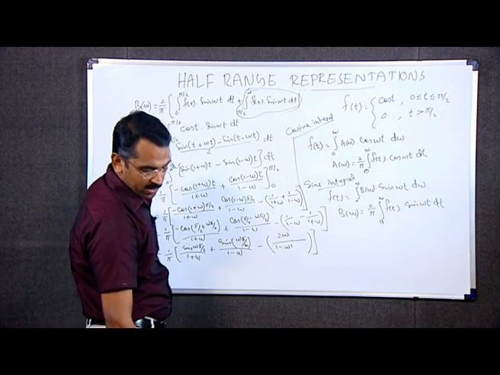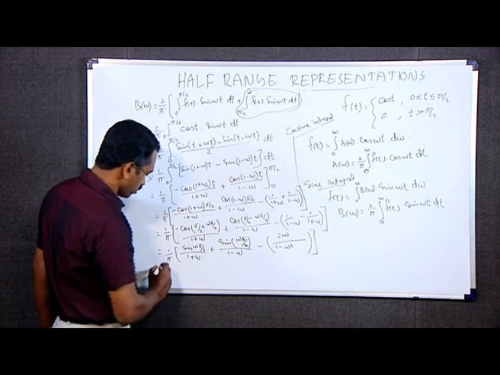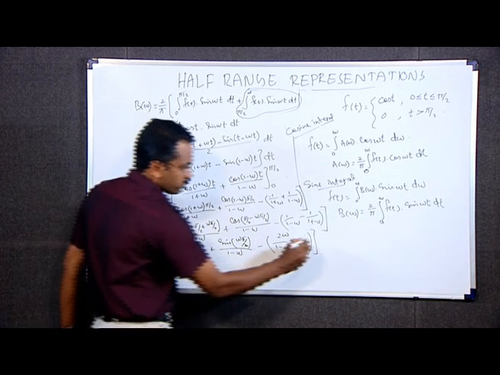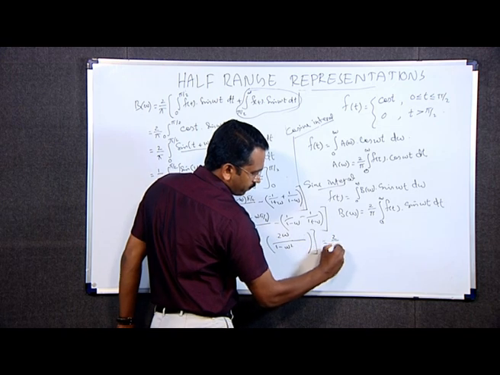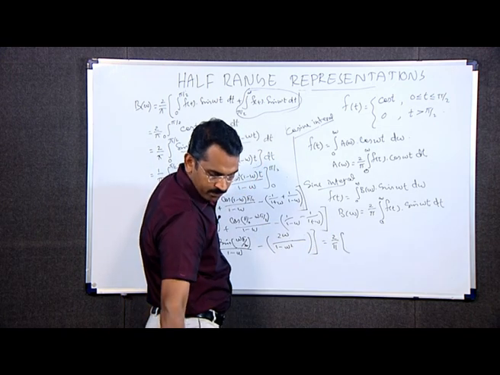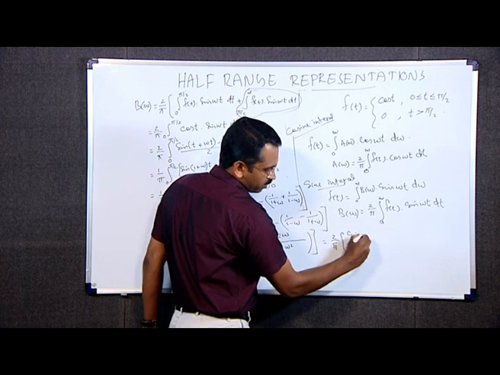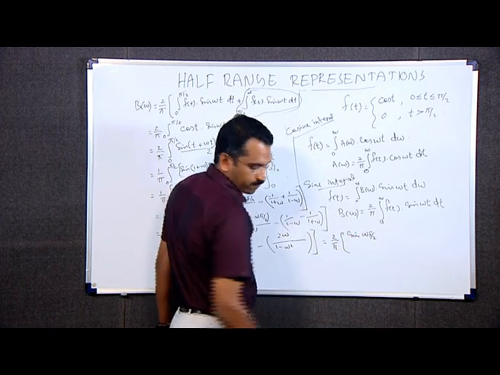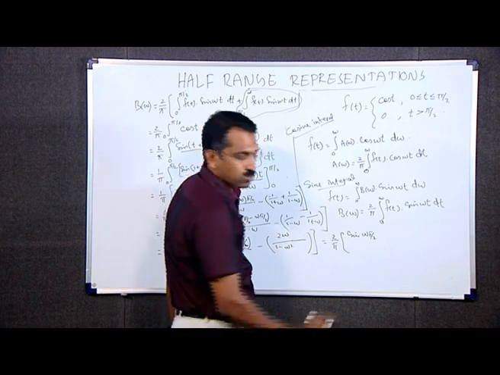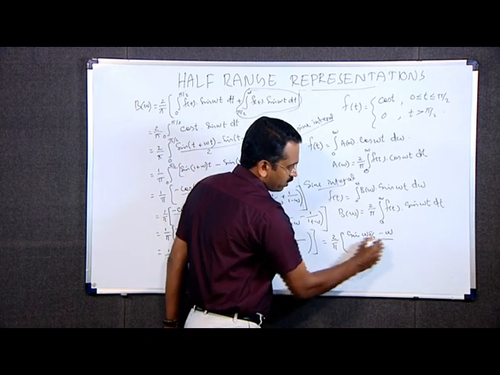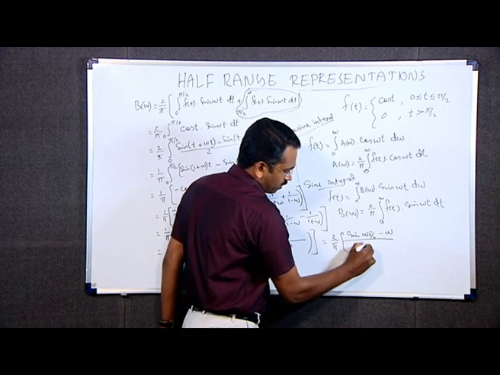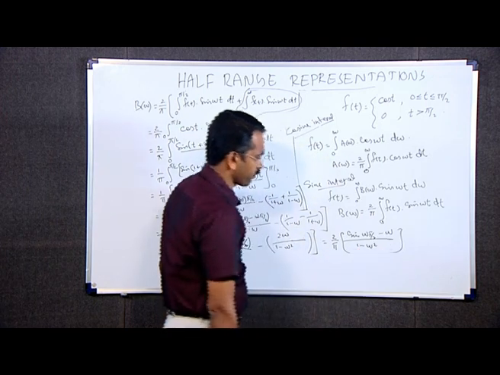Now, on simplification we get this is equal to 2 by pi into [sin(omega pi by 2) minus omega] all divided by (1 minus omega square).